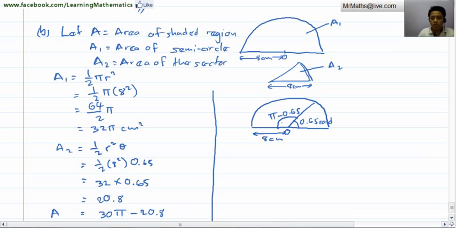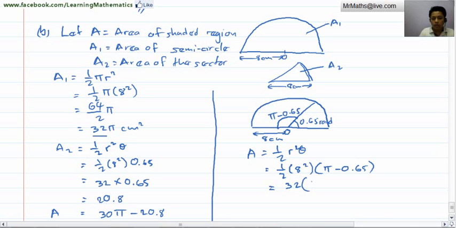So we can find the area easily using A equal to half r squared theta. R is 8 squared, theta is pi minus 0.65. Then 8 squared over 2 is 32.